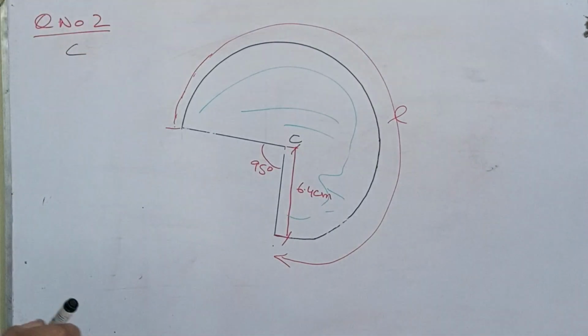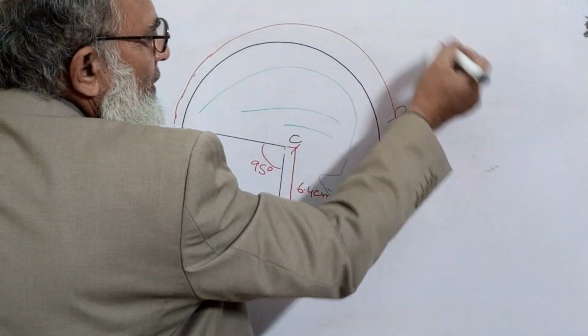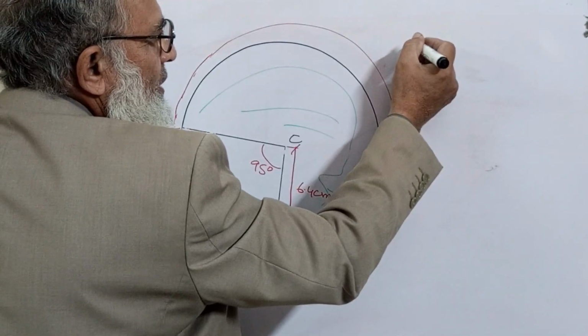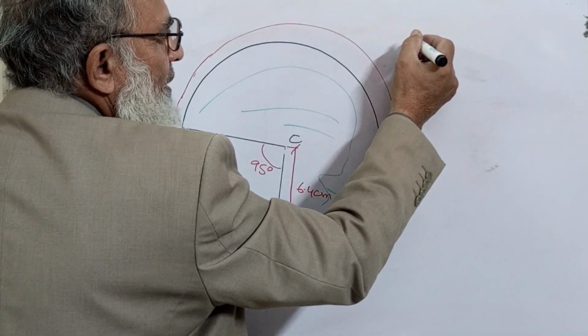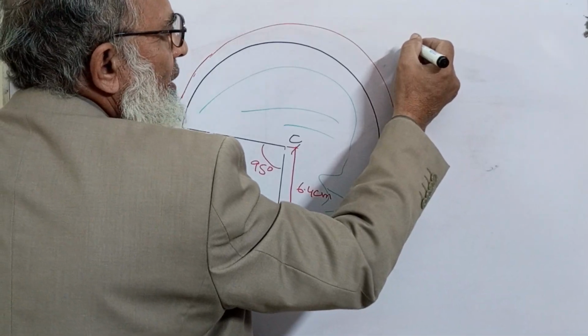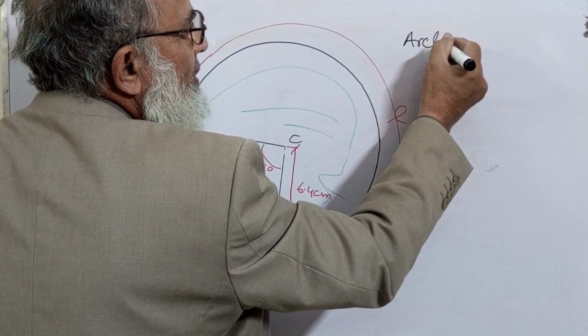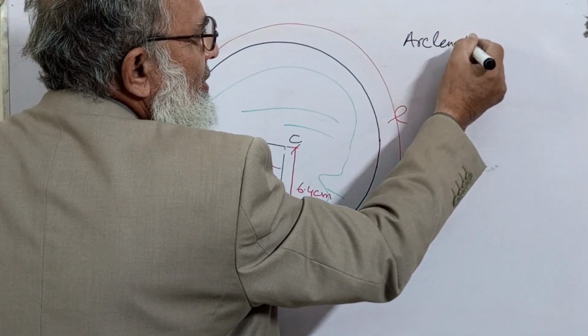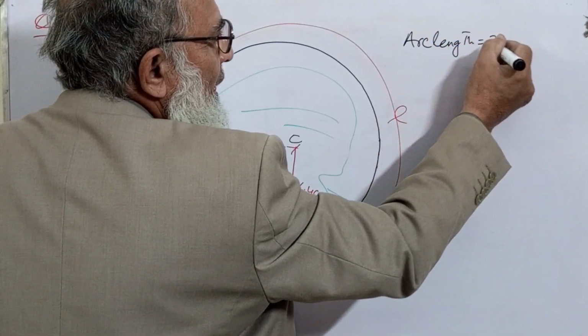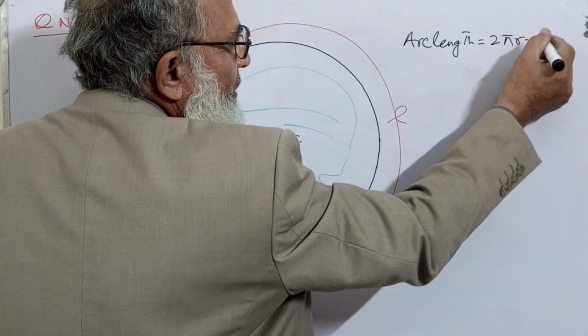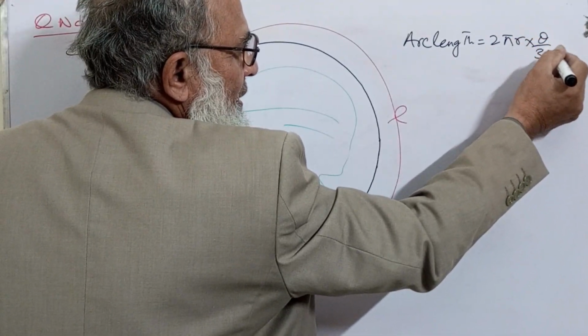What we are going to do is find the arc length, which is equal to 2 pi r multiplied by theta upon 360 degree.